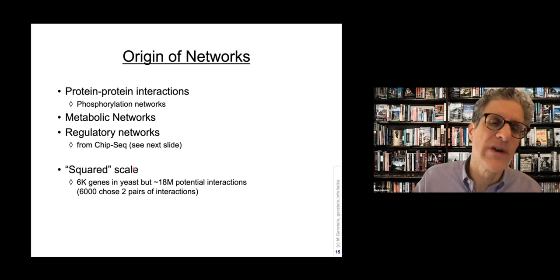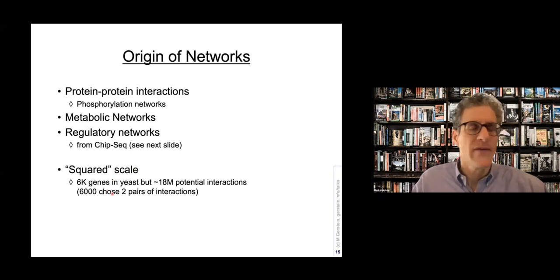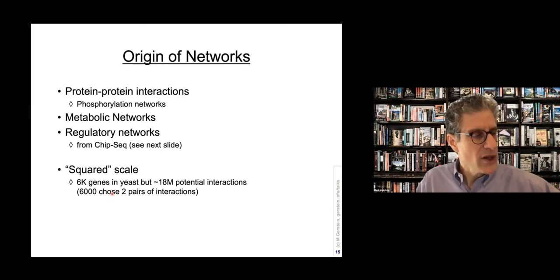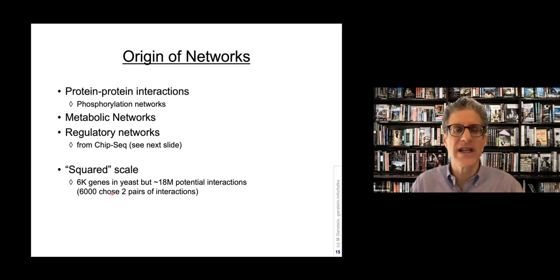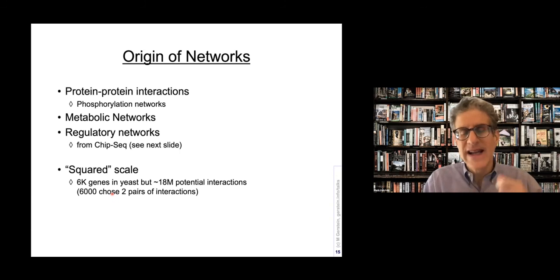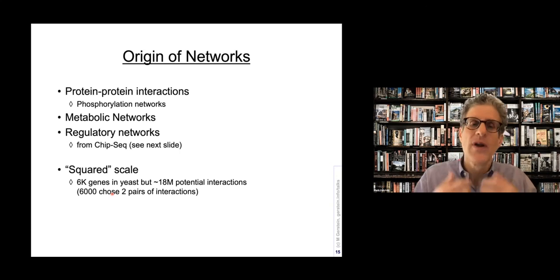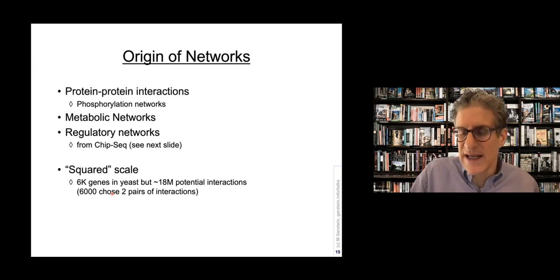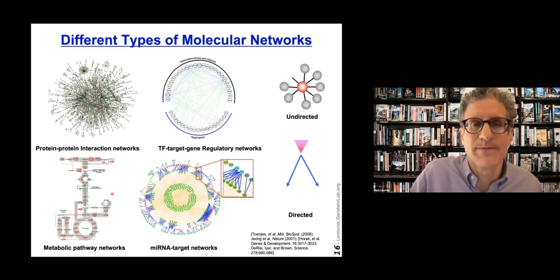And I think one of the key things to realize about networks is the squared size of these networks. So for instance, in yeast, which has about 6,000 genes, we can make 18 million, 6,000 choose 2, combinations of these things. And as we get more parts, these networks get bigger in a squared sense, so they get potentially more complicated.